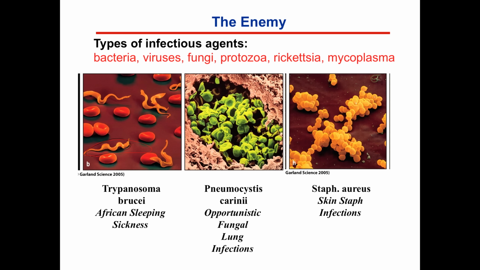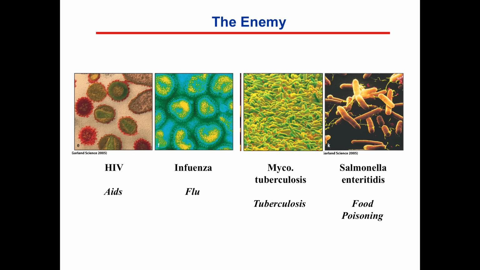And so bacteria, viruses, fungi, protozoa, and mycoplasma and rickettsia, all of these are potential infectious agents that your body needs to be protected from, because they like to really feast on you. They view you as a source of food, as well as a source of place to reproduce. All the great things you need in life, right? Food and a place to reproduce.